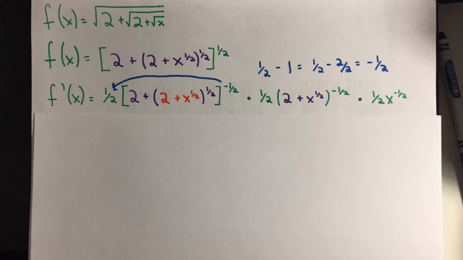So in order to take the derivative, the first thing I'm going to do is bring down the 1/2. Then I'm going to subtract 1 from the exponent. 1/2 minus 1 equals negative 1/2.